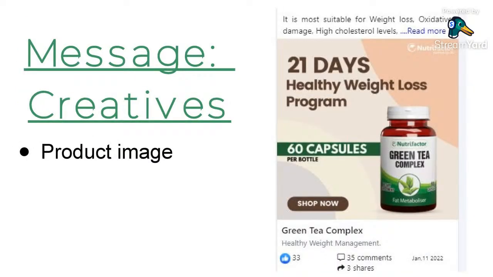All right. So the next stuff we want to talk about here is a product image. This is very, very simple. Here you can use just the product image alone, or you can use the product image with text, just like you see on the slide here: 21 days healthy weight loss program, and you can see other stuff here, and then you see the shop now button.